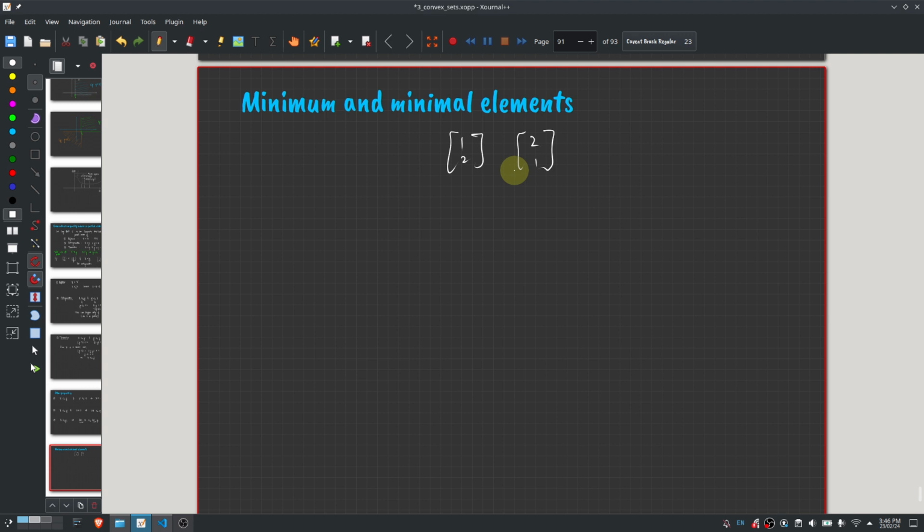So we can't really define the minimum of a given set. But what we can do is define a minimal element. Some sets may have a minimum, some sets may not have a minimum. But every set, as it will turn out, will have minimal elements.